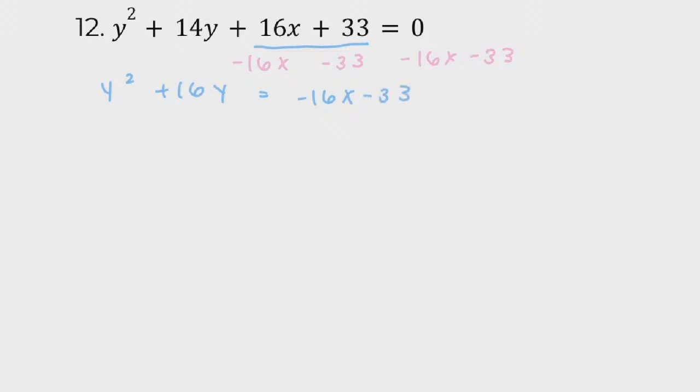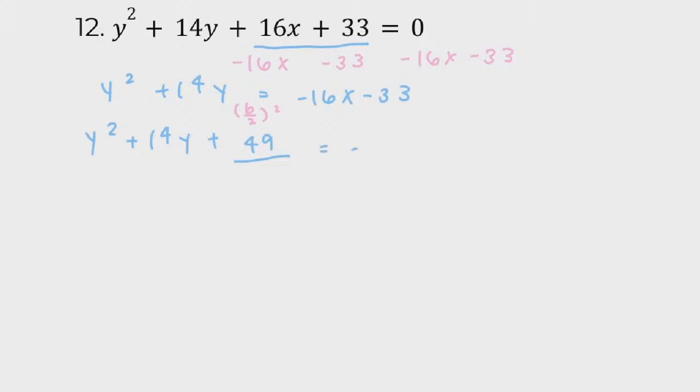Okay, and then now we want to complete the square again. So it's going to be y squared plus 14y plus, so this number is going to be b over 2 squared. Oh, shoot, sorry, b is 14. So 14 over 2 is 7, and then 7 squared is 49.